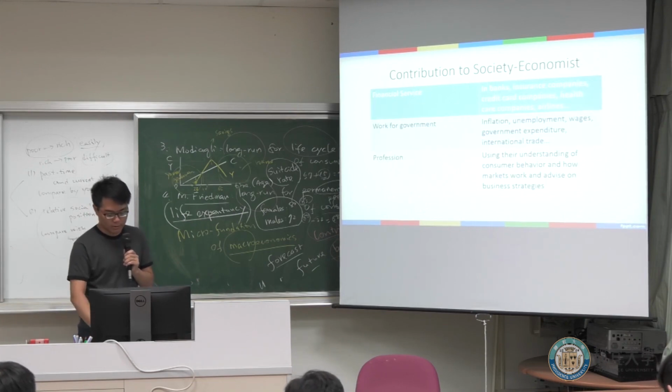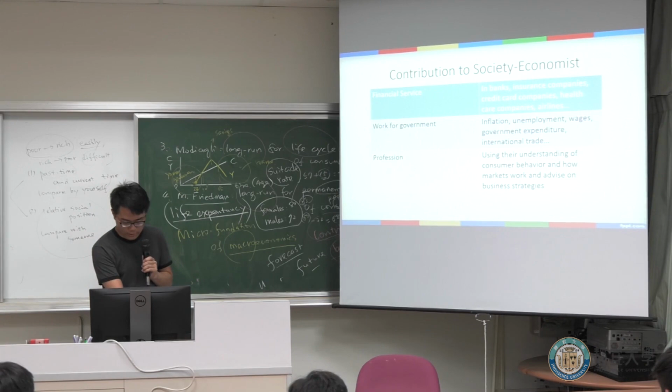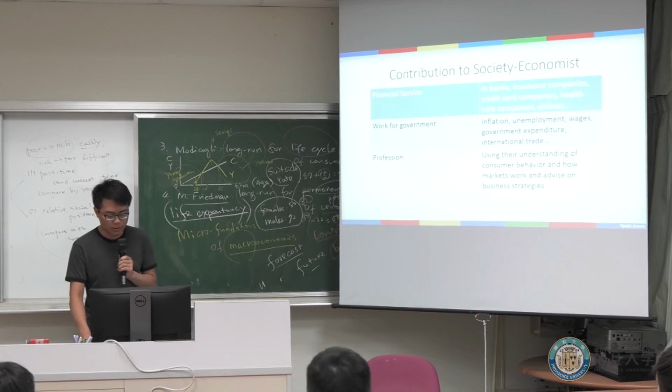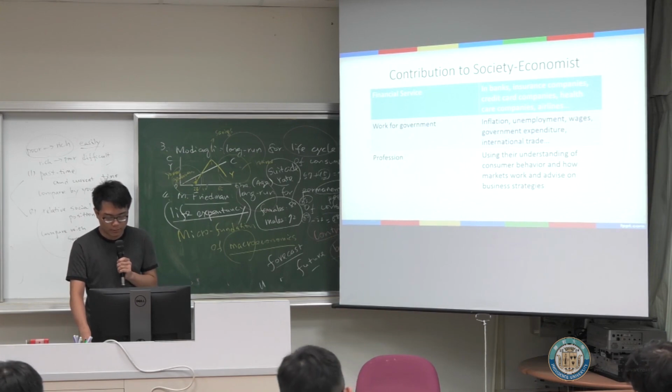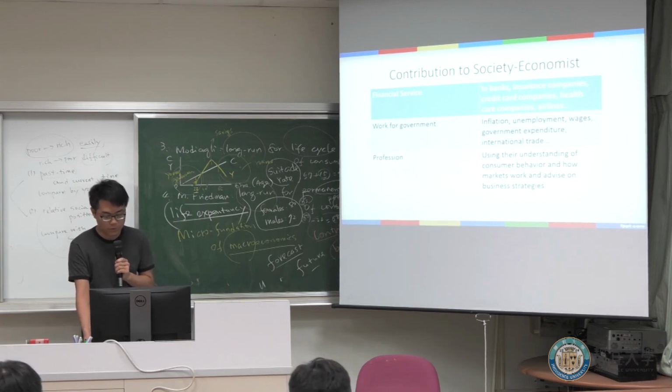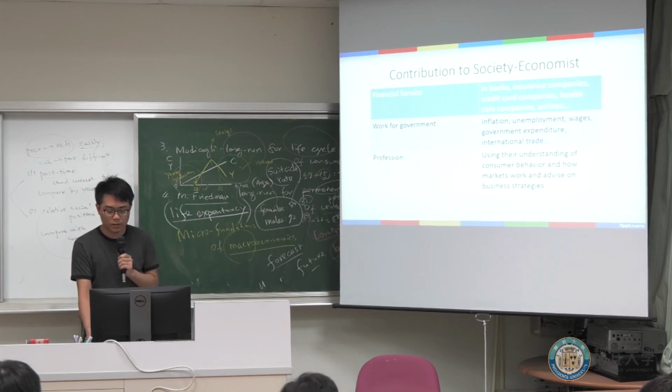And for the contribution of economists, economists work in a variety of different kinds of jobs. Some economists work for business firms engaged in a wide range of activities, including financial service firms like banks, insurance companies, credit card companies, healthcare companies, or airlines.